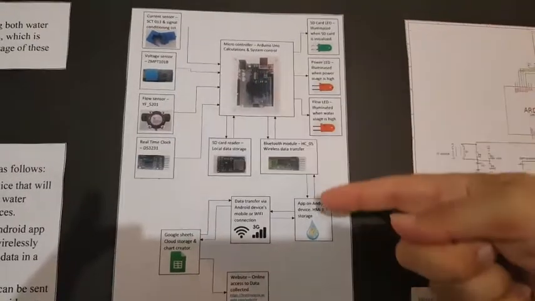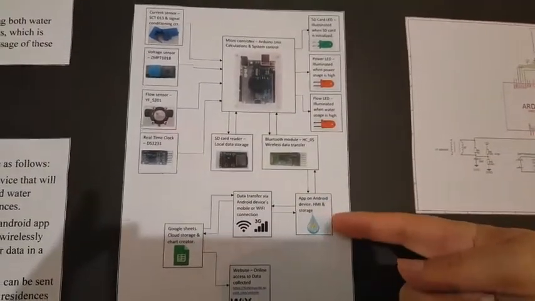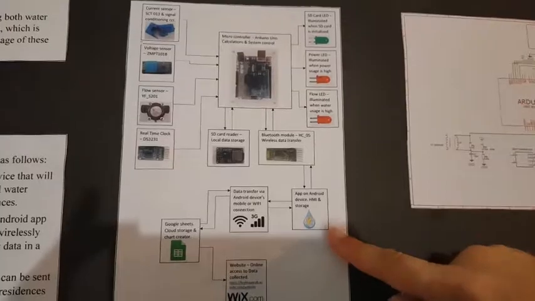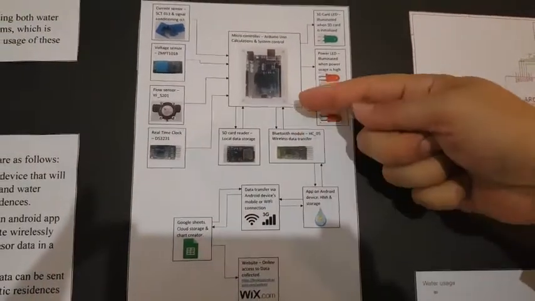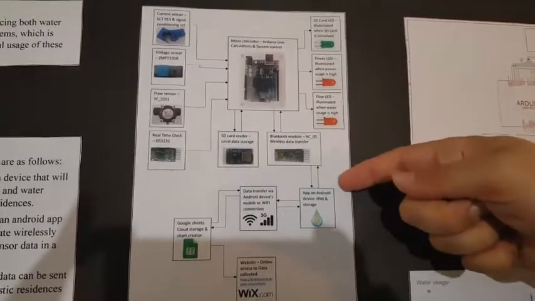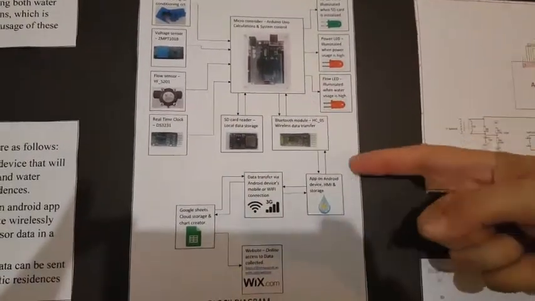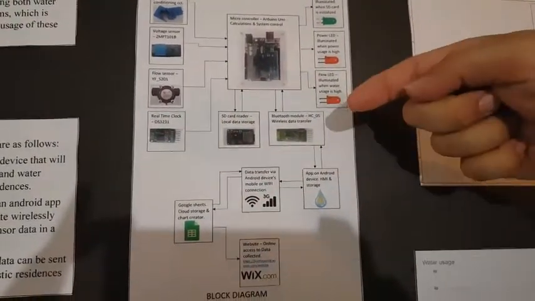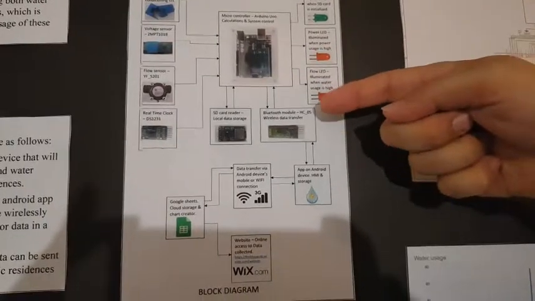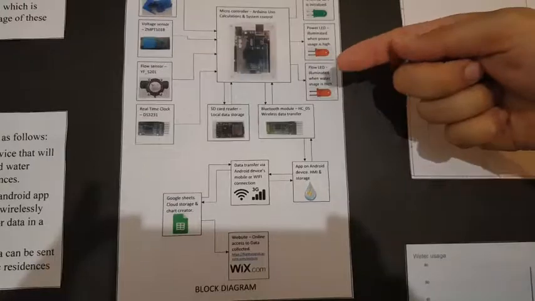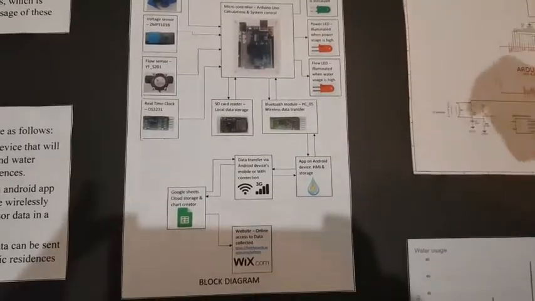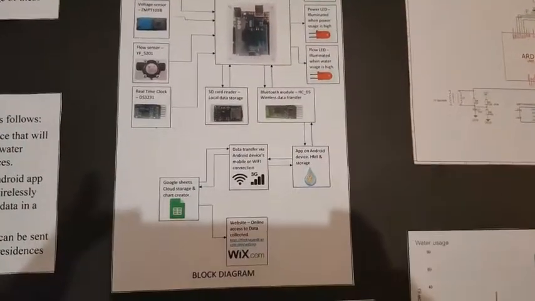This all communicates through to an Android device with a purpose-built app for this project. This communicates through Bluetooth. This is two-way communication. The Android app requests information from the microcontroller, and the microcontroller also requests information from the Android app.